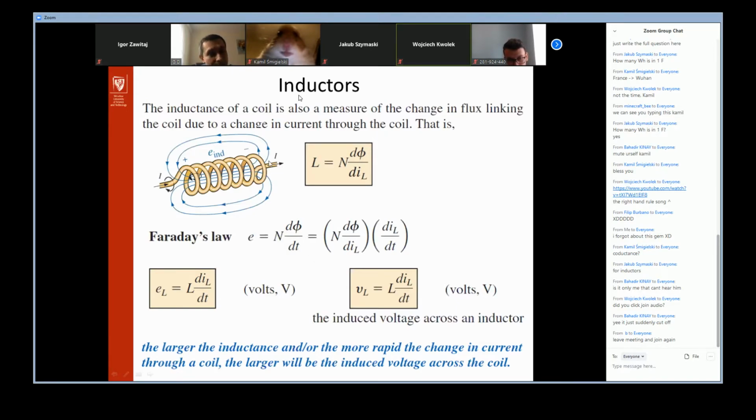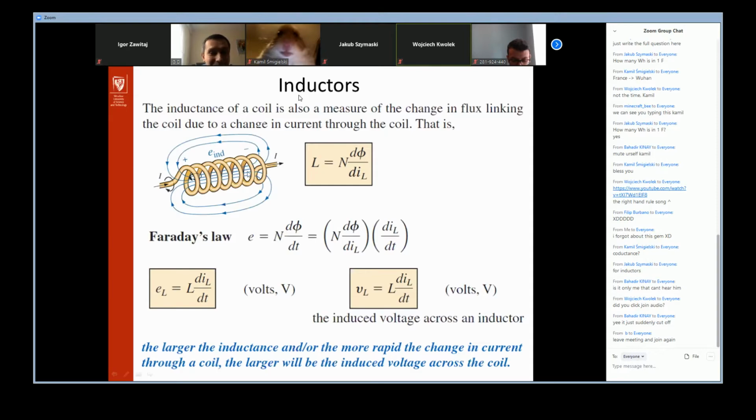What happens when the current is increasing and passing through the coil? When the current is increasing, we know that the magnetic flux or magnetic field will also increase.